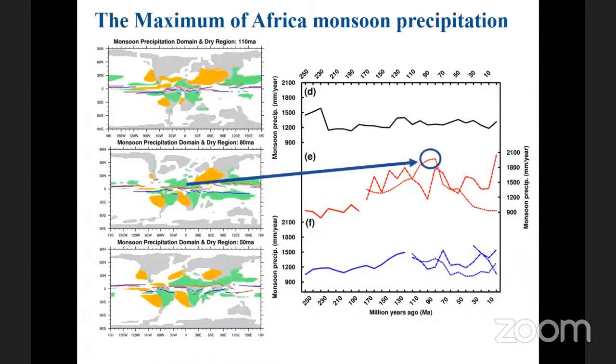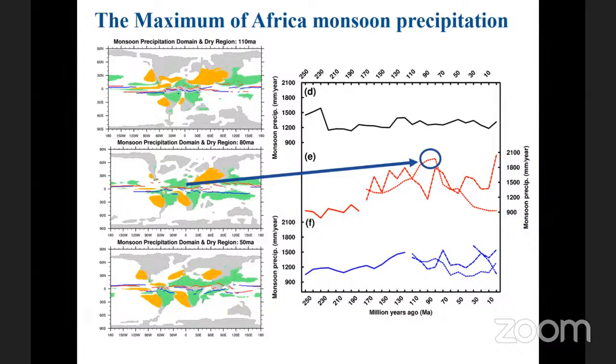Here, I wanted to show you why the North African monsoon precipitation strength has a peak at 80 MA. We can look at this. At 80 MA, the northwestern part of the African continent is separated.